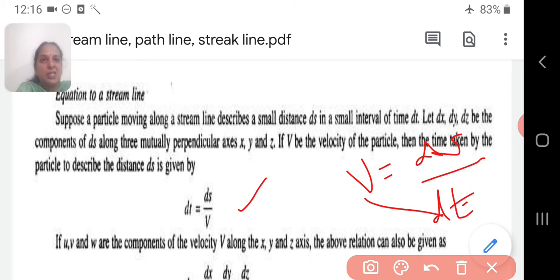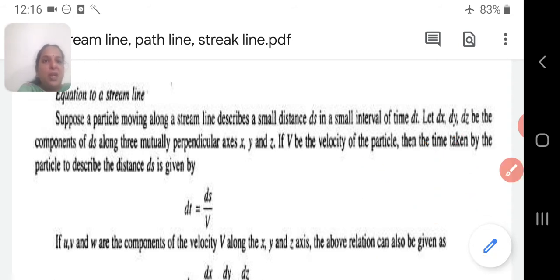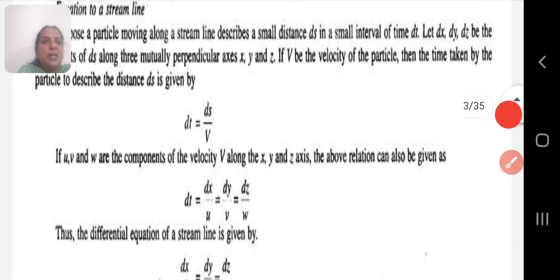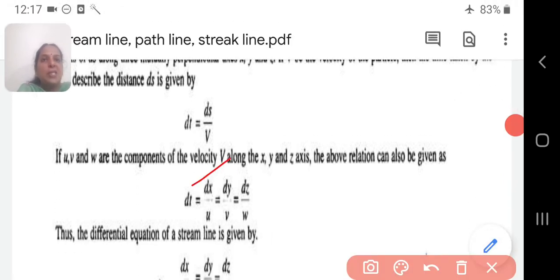Here we have three perpendicular directions where the velocity components will be u, v and w. These are the velocity components along the x, y and z axis. So instead of v, we write the equation as dt is equal to dx by u, that is equal to dy by v, that is equal to dz by w.